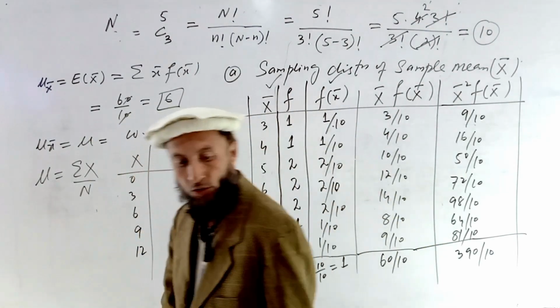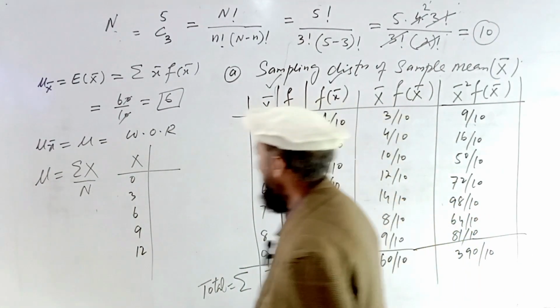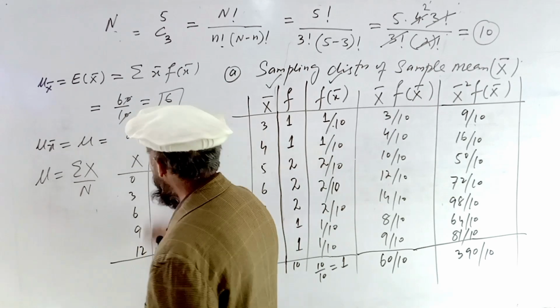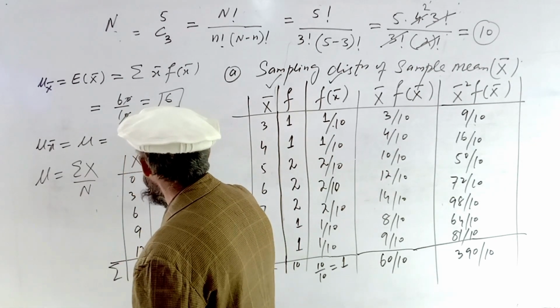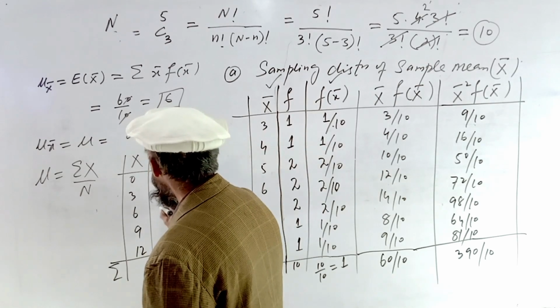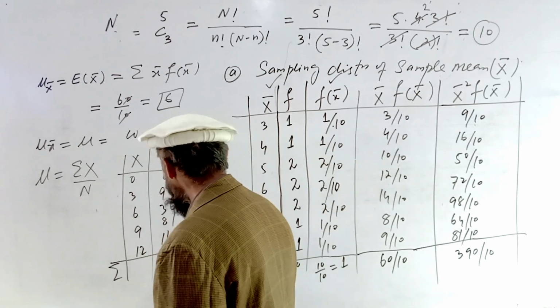Now we add this column, summation is required, and x square for the variance is 0, 9, 36, 81, and 144.